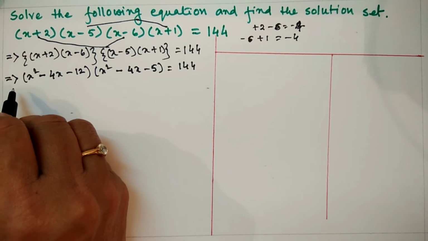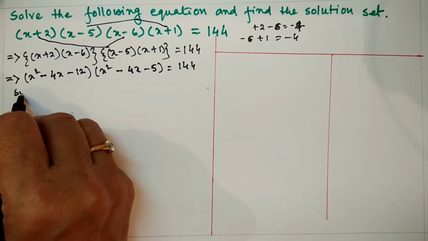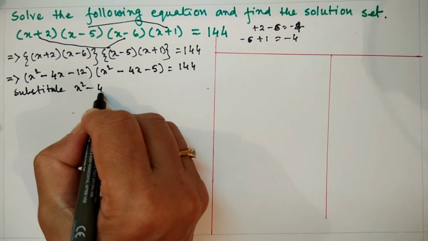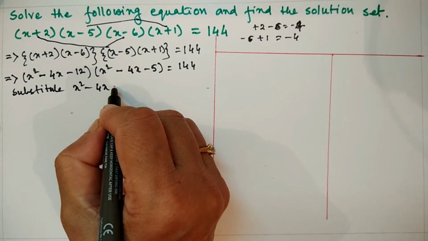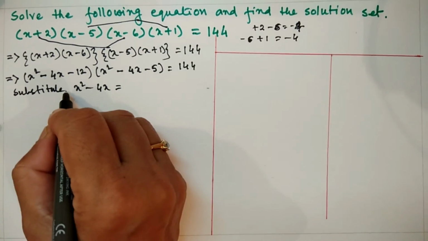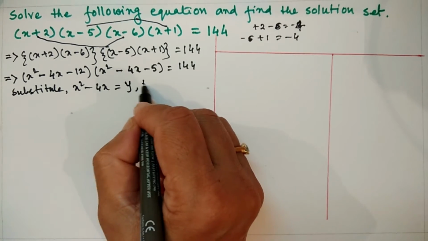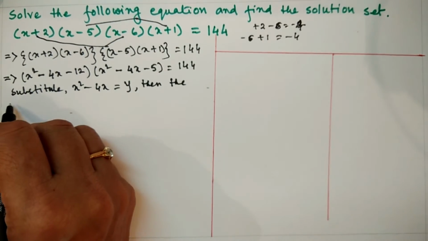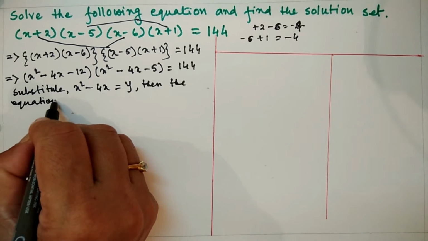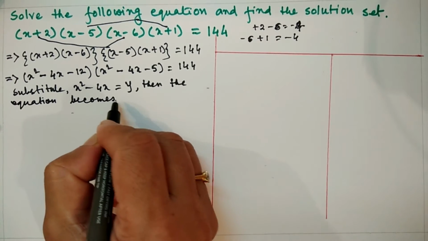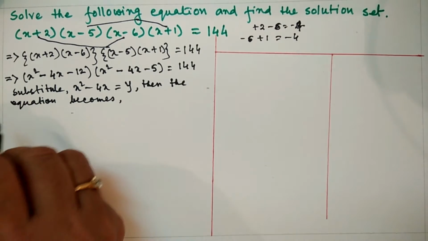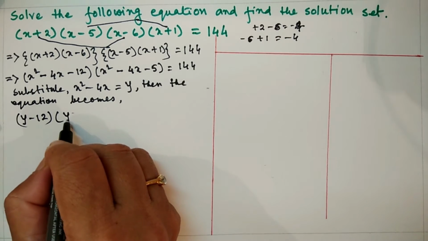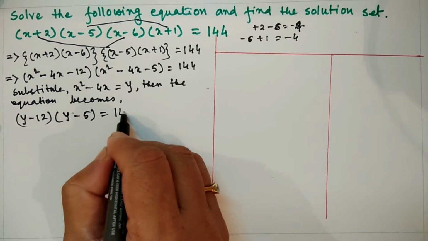We will substitute x square minus 4x is equal to y, then the equation becomes y minus 12 and y minus 5 is equal to 144.